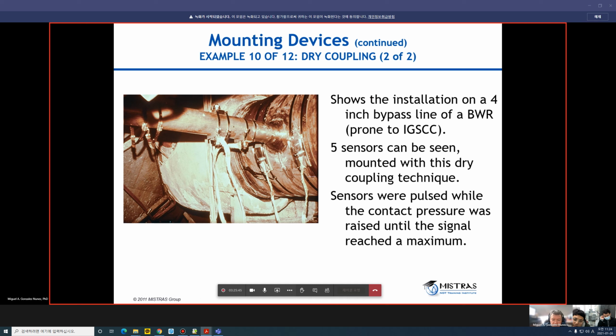This shows the installation of a 4-inch bypass line on a boiling water pipe. In this particular case, the sensors were pulsed while the contact pressure was raised until the signal reached a maximum. That's how you test this type of coupling.